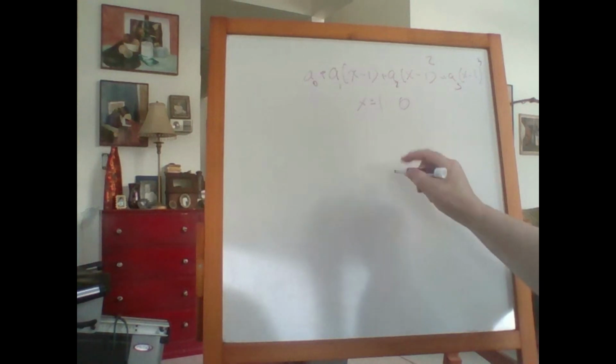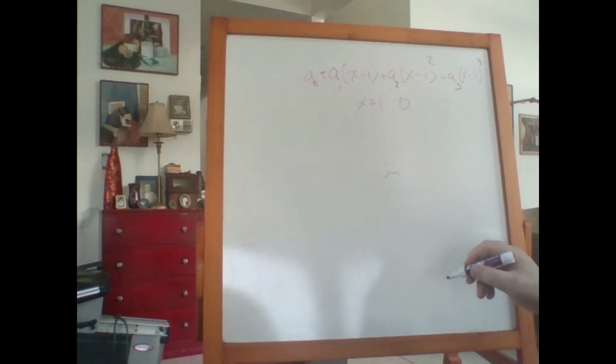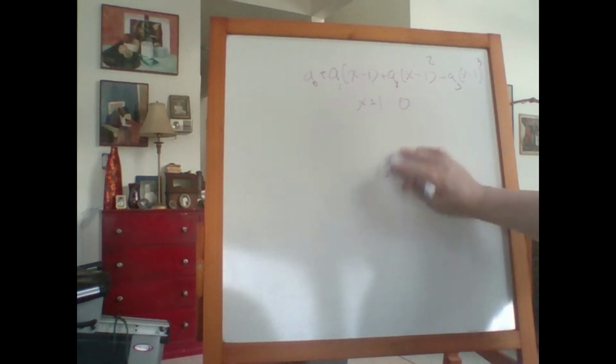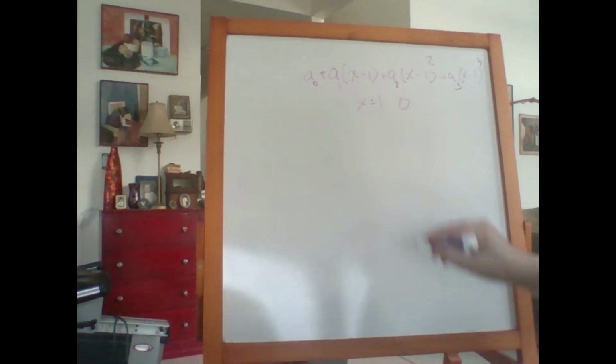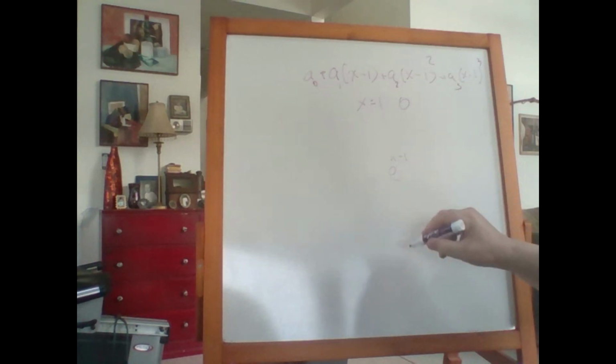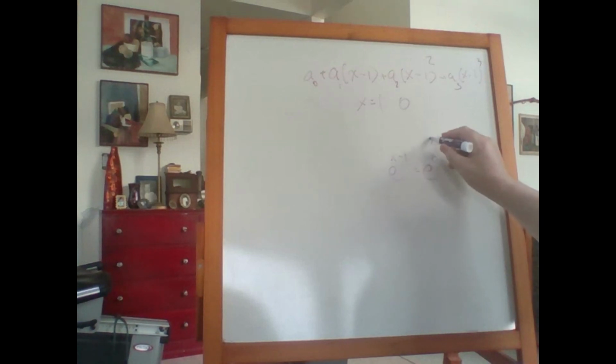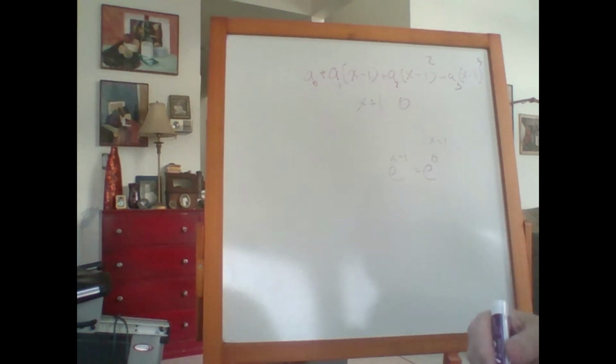There are different uses for different functions. For example, e to the x minus 1 would be then e to the 0 when x equals 1, and so on.